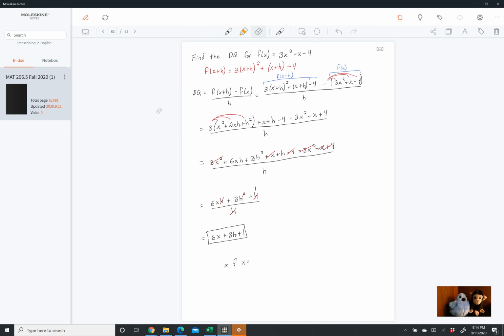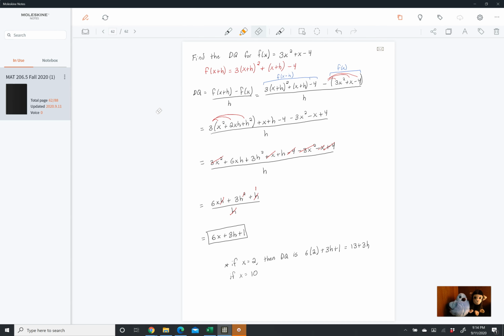If x equals 2, then our difference quotient is 6 times 2 plus 3h plus 1, or 13 plus 3h. Sometimes you'll get this where it says calculate the difference quotient for x equals a certain number.